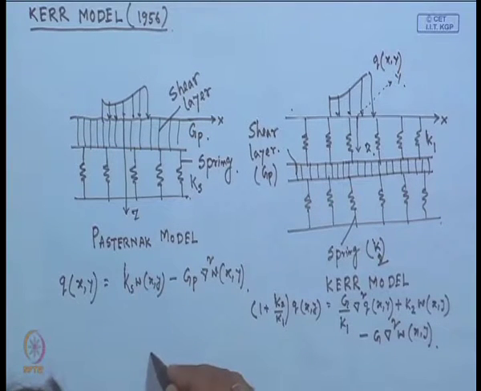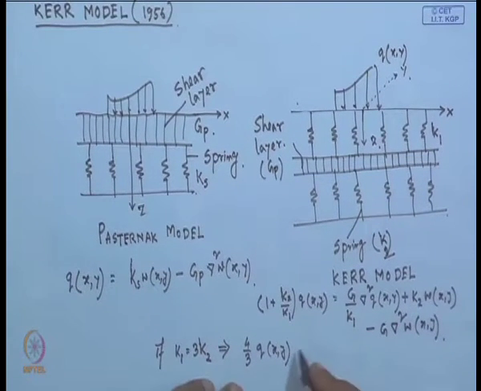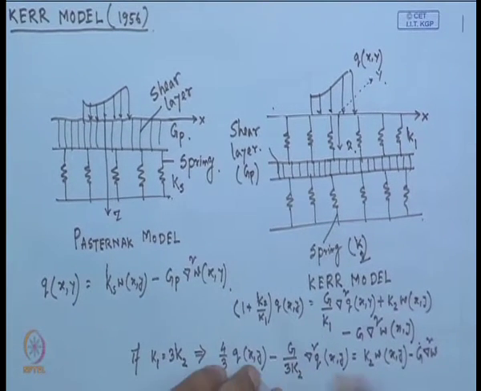Now if K1 is 3 times K2, then this expression will be 4/3 q(x,y) minus G by K2 del square q(x,y) equals K2 w(x,y) minus G del square w(x,y).